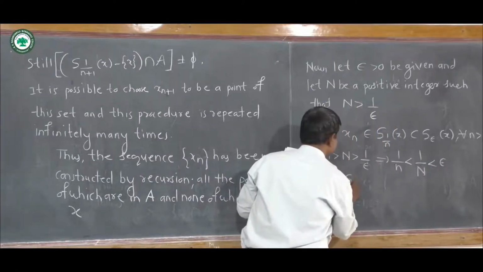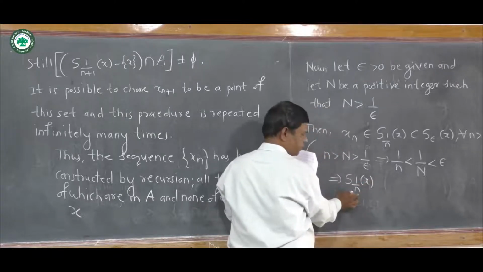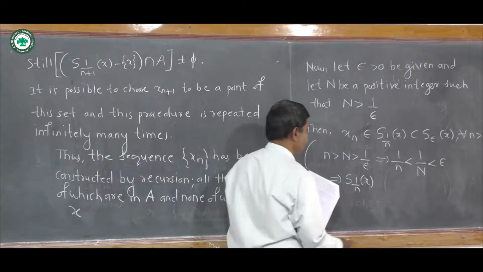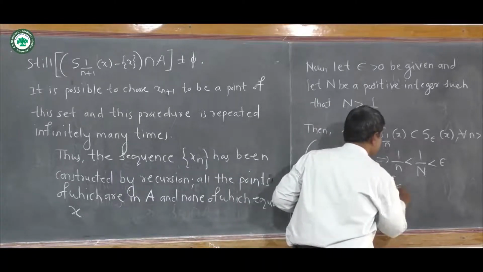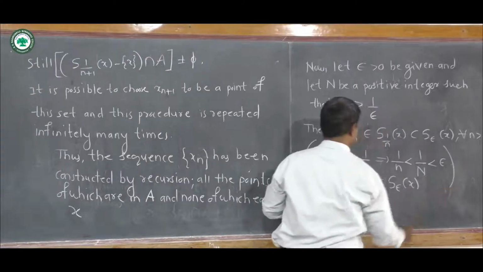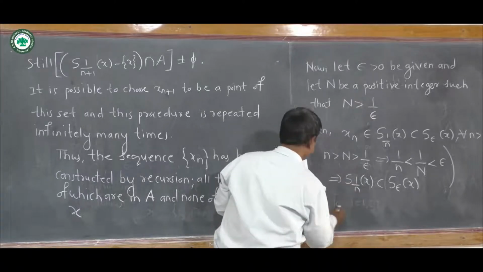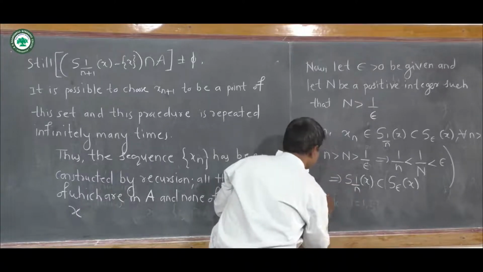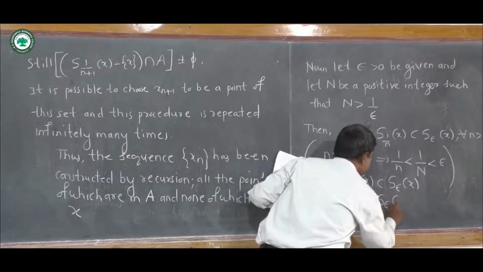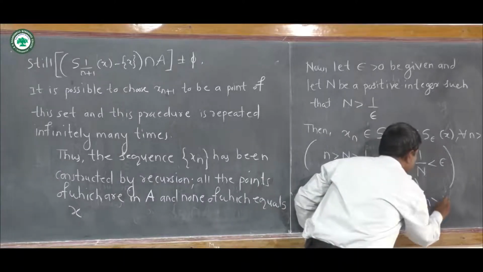So if you consider this open sphere, 1 upon n, the open sphere whose radius is 1 upon n, then this is obviously containing this open sphere whose radius is epsilon. So we write here xn belongs to this open sphere, epsilon, x, for all n greater than N.